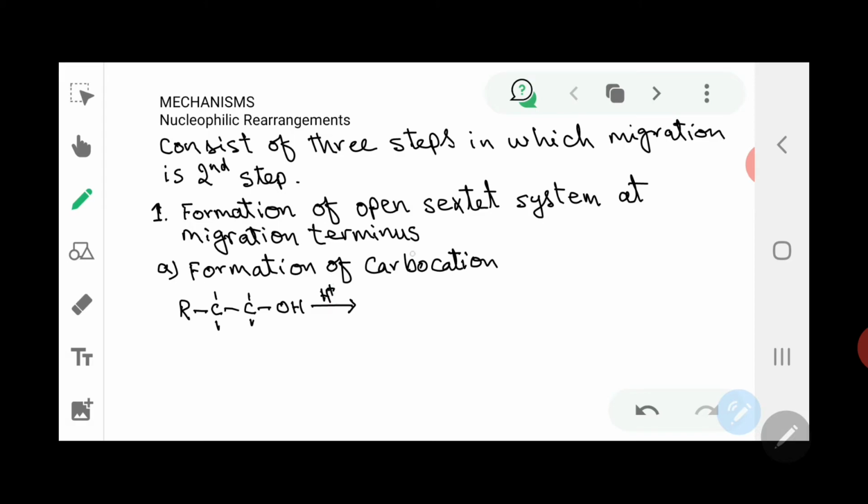This OH takes proton from the medium and water molecule is eliminated, H2O, and it is converted into carbocation.